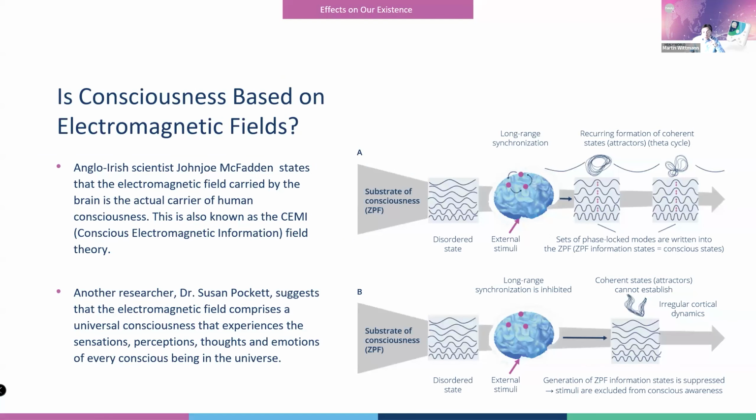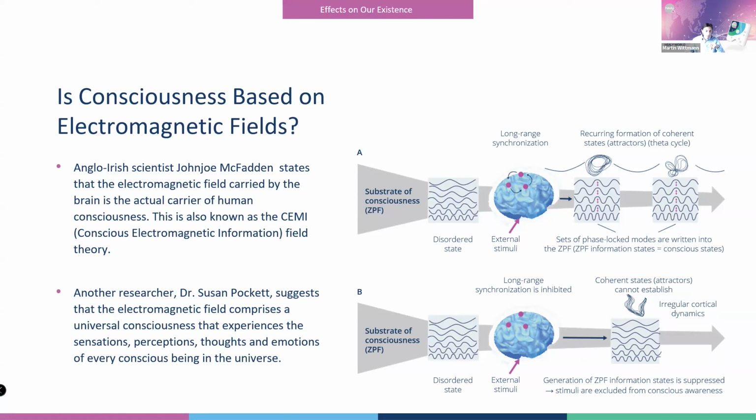Then, is consciousness based on electromagnetic fields? That's also quite fascinating, because this Anglo-Irish scientist, John McMakin, states that the electromagnetic fields carried by the brain are the actual carrier of human consciousness. So there seems to be a little more to magnetic fields than we usually know.